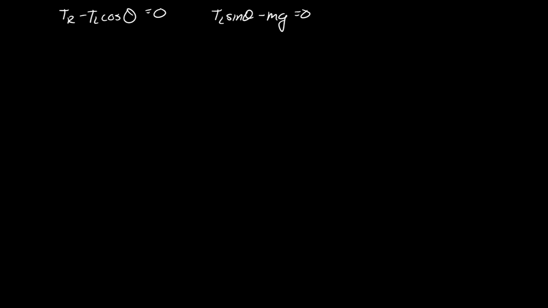I'm going to do it a little different, because whenever I see TL cosine theta and TL sine theta, there's ways to work this out faster. However, before I do that, I'm going to write this as TL cosine 30 equals TR, and TL sine 30 equals mg.